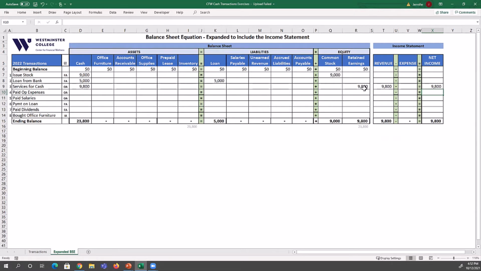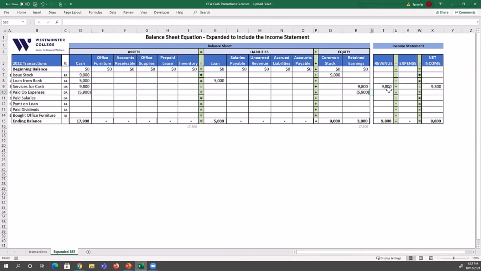Well, the wealth that they generated is denoted in the retained earnings account. So when we use up some of that wealth, we're likewise going to take it out of retained earnings. Okay, so for this particular transaction, we're going to decrease our cash because we're paying it out by $5,900, and we're going to decrease our retained earnings by the same amount, $5,900.